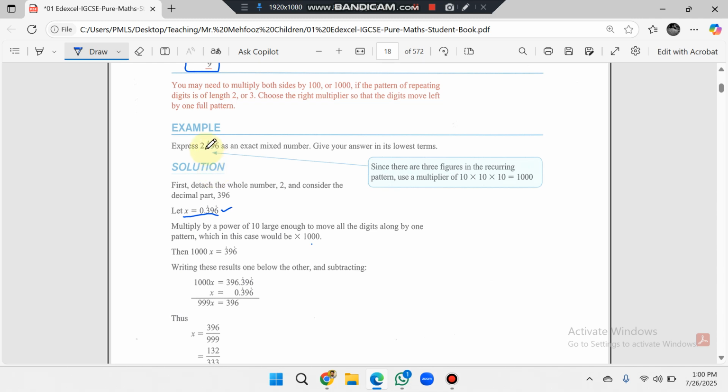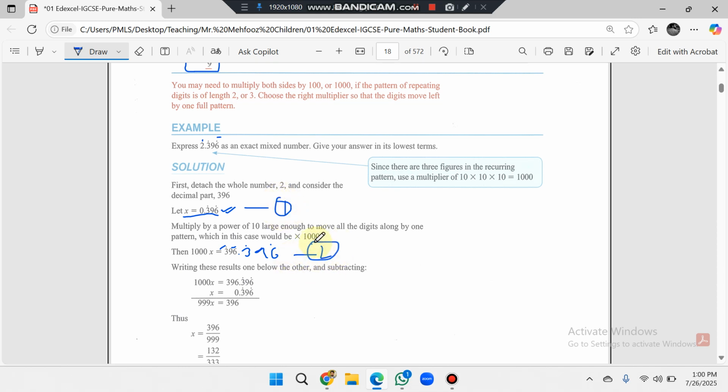You can also see that here is 2 point something, we just let x equal 0 point something, right? So 1000x equals 396 point 396, here the dots are given and this dot is not given, okay? Now this is your equation 1, this is your equation 2.